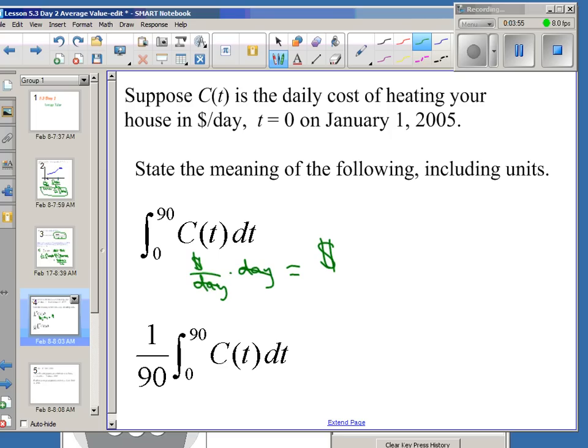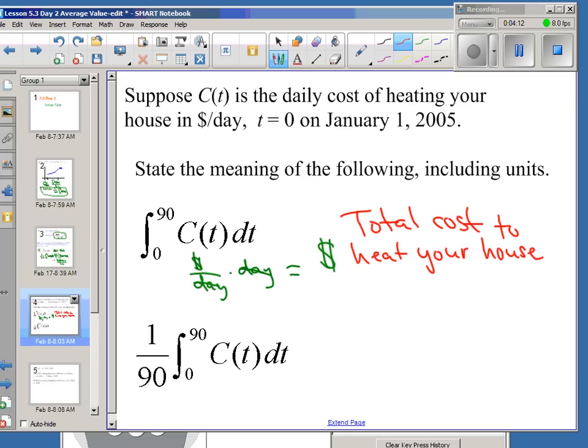And if we use this with our example, it's the total cost of heating your house for 90 days. And we can say more specifically for January, February, and March.